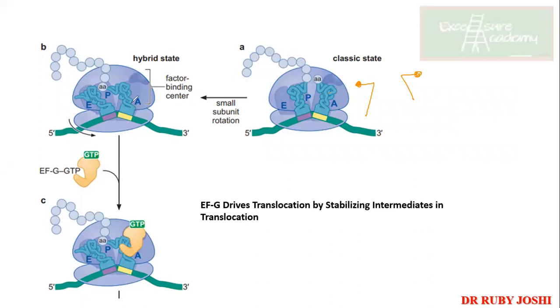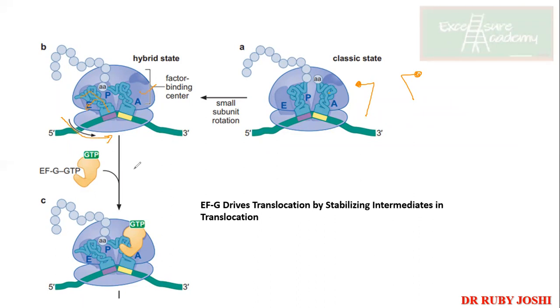Are you able to see the bend in the tRNA, which is resulting in the exposure of your factor binding center as well as this tRNA is shifting towards E, थोड़ा सा. If you see, there is a twist also. थोड़ा सा bending दिख रहा है.